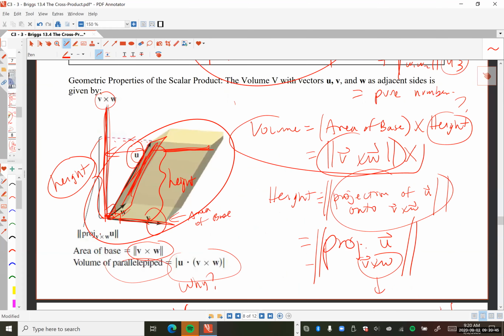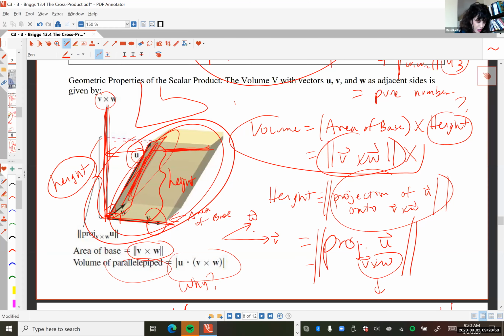Can you imagine if you took your foot and you stomped on this box? Boom. And when you stomped on it, let's say the W is still pointing there, and then the U vector would kind of get squashed like here. Do you see that they'd all be flat on the ground? Does everybody see my picture? I stomped on the box and squashed everything and flattened out the box. So they're all on the same plane.